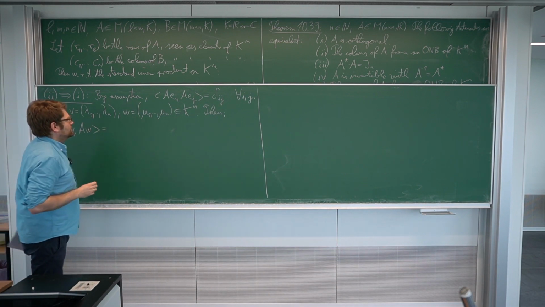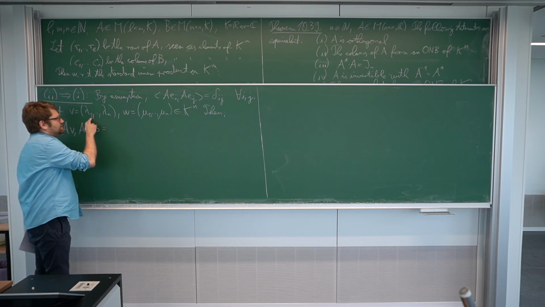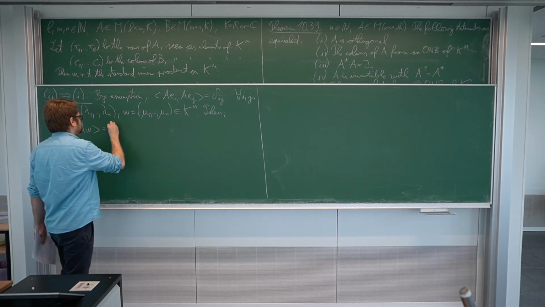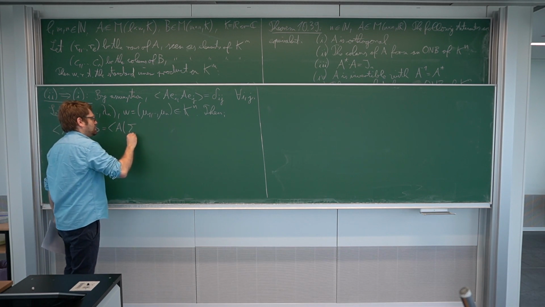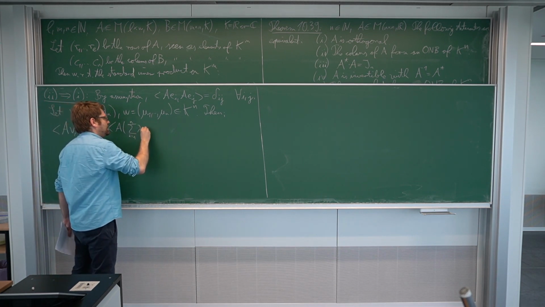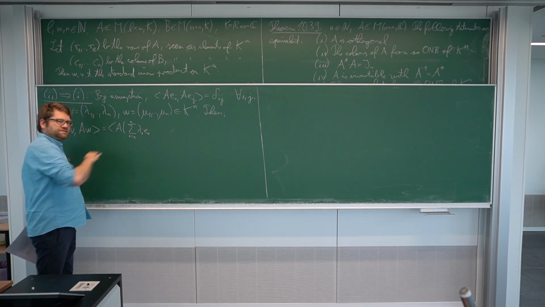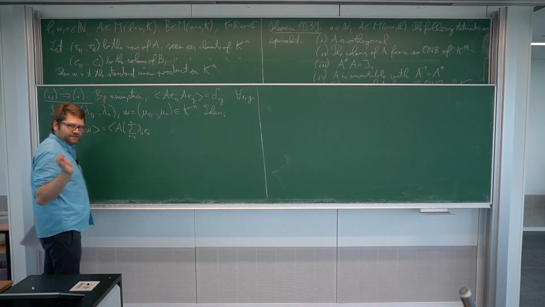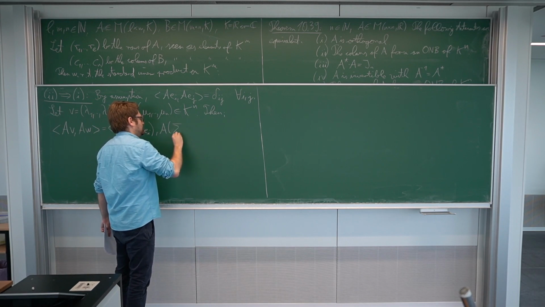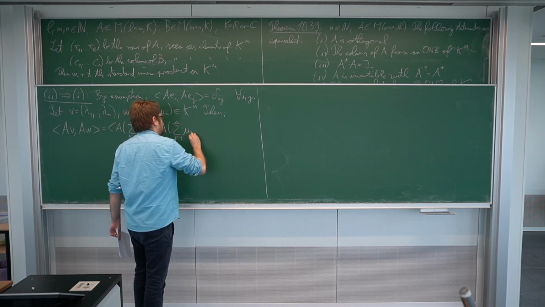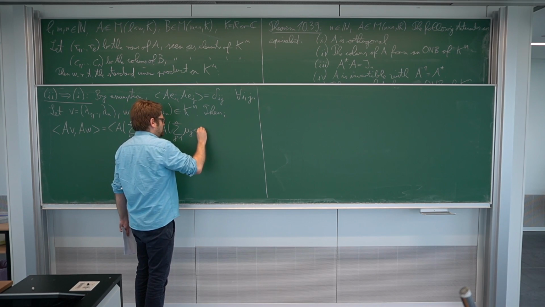Here we can do this trick because this is a linear combination in terms of the canonical basis vectors. This is given by A times the sum i from 1 to n, lambda_i e_i. This is an unnecessarily complicated way of writing a tuple in K^n, but here it's really necessary. And then A applied to the sum j from 1 to n, mu_j e_j.